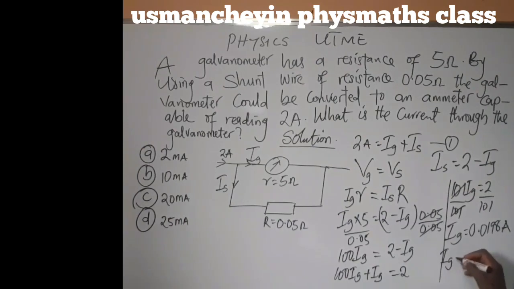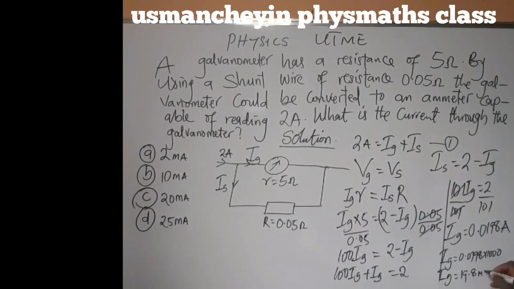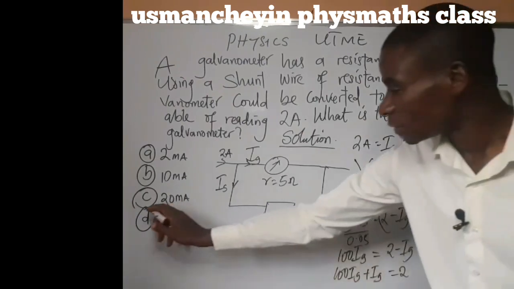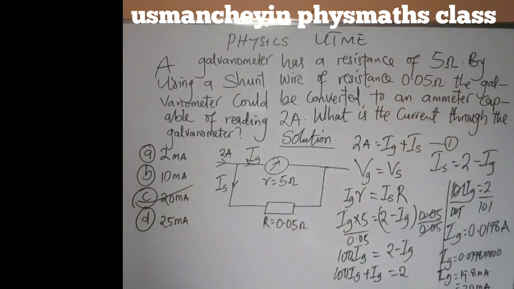So I of G will be equal to 0.0198 times 1000, which is 19.8 milliampere. If you take it to a whole number, it will be 20 milliampere. So if you check the options very well, you'll find out that option C is the correct option.